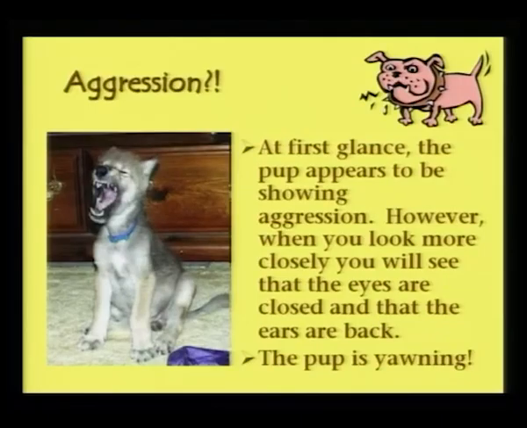In case of aggressiveness, the ears will be straight or protruding as if it's going to attack. Now, when you look at all these things, you understand that the pup is actually yawning. It's feeling sleepy, so it has opened its mouth wide. Now, from a distance, it can look aggressive. So, if you look at only this and then form a conclusion that it's going to bite me, actually it's going to sleep. It's feeling very tired.